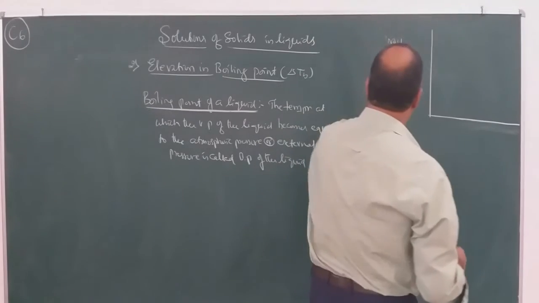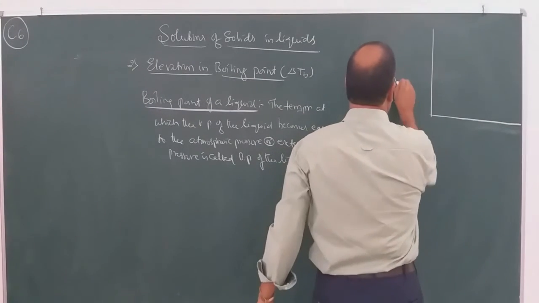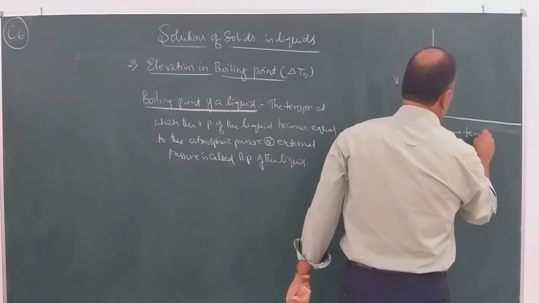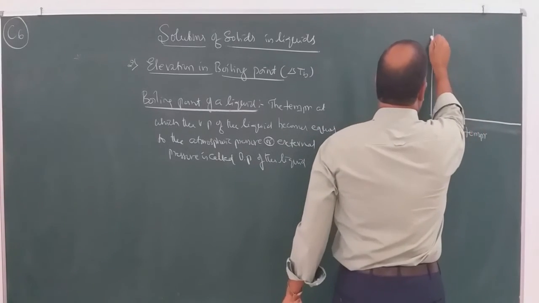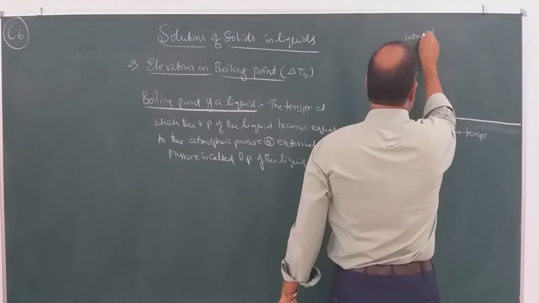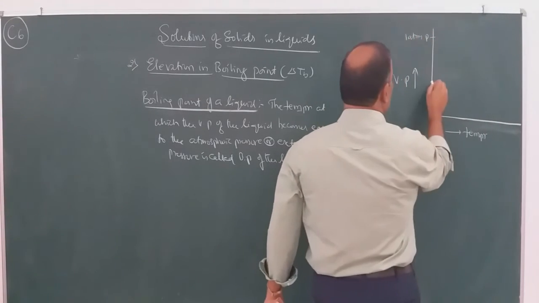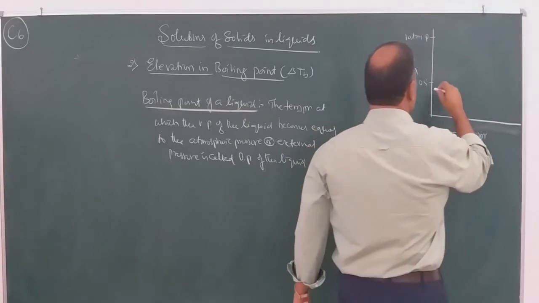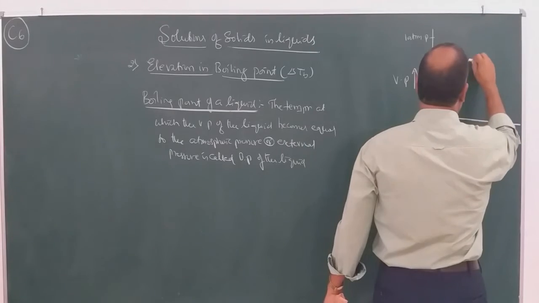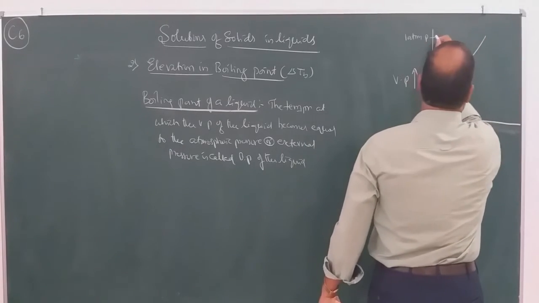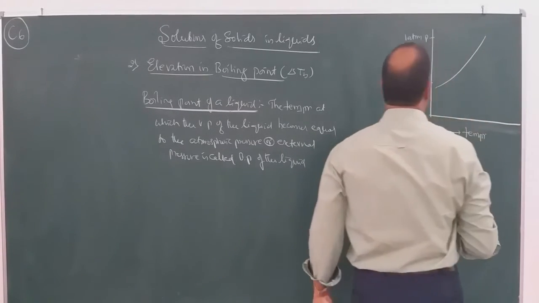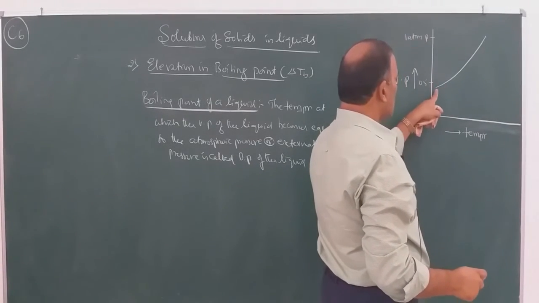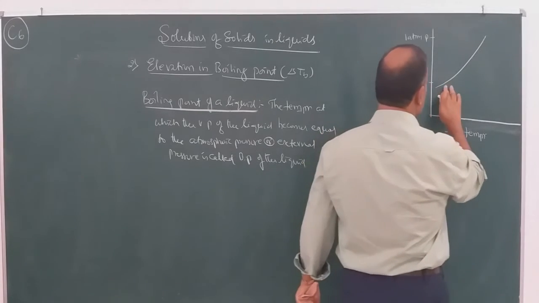So this is vapor pressure axis and this one is temperature. Suppose this is 1 atmospheric pressure. This is 0.5 atmospheric pressure. Suppose this is pure solvent, say water. So when temperature of water increases, vapor pressure also increases.